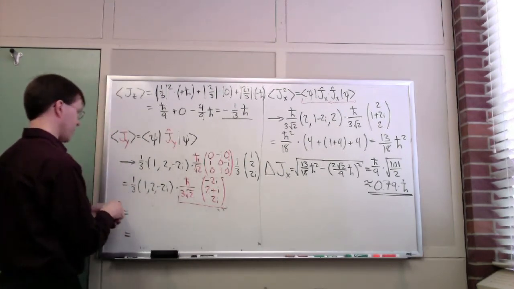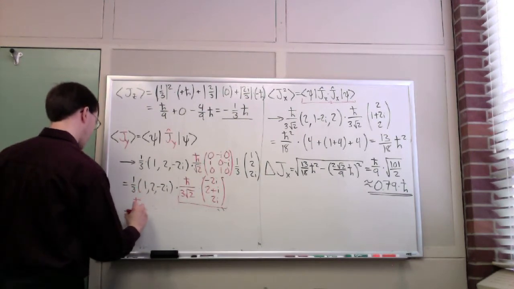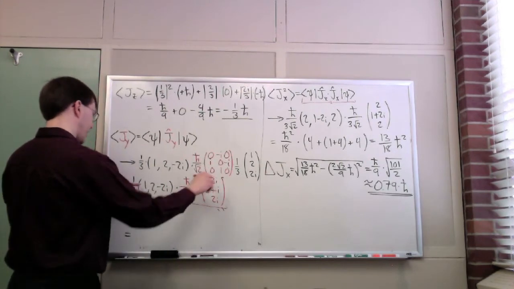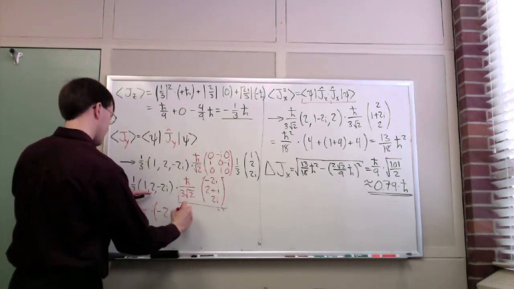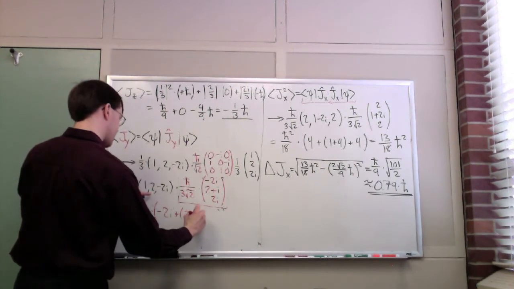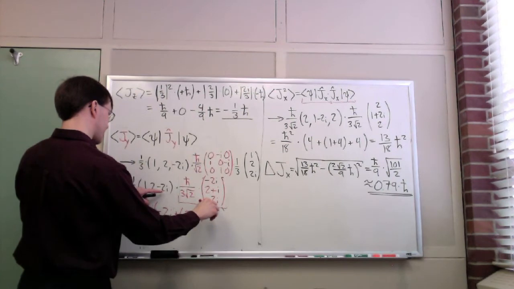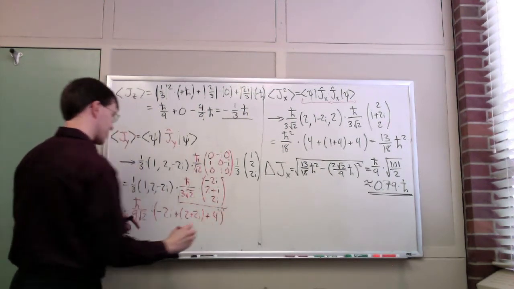Multiply these together. I get h bar over 9 square root of 2 times, what all do I get? I get minus 2i, 1 times 2i, plus 2 plus 2i, and then minus 2 times 2, 4, plus 4, it looks like.